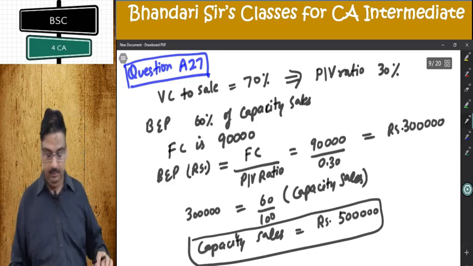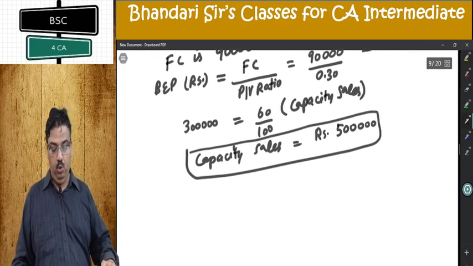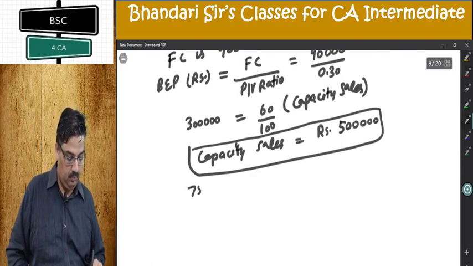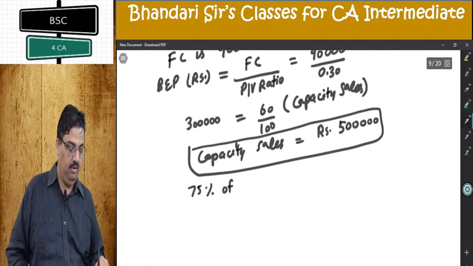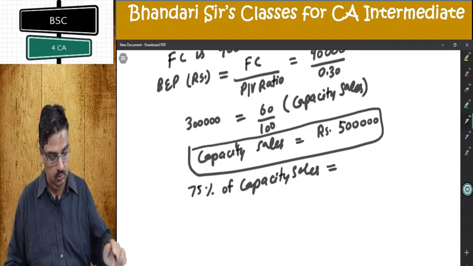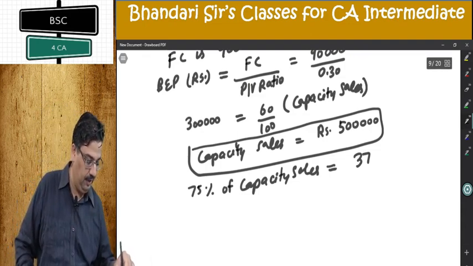That is the first part. He says compute profit at 75% of capacity sale. 75% of capacity sales is equal to 3,75,000 rupees.